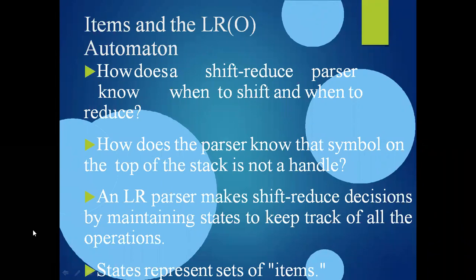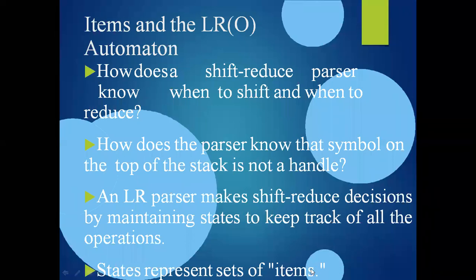All of this takes place in the LR of zero automaton, that means items and the LR of zero items. And we represent the states while constructing the parsing table. What does the state representation mean?